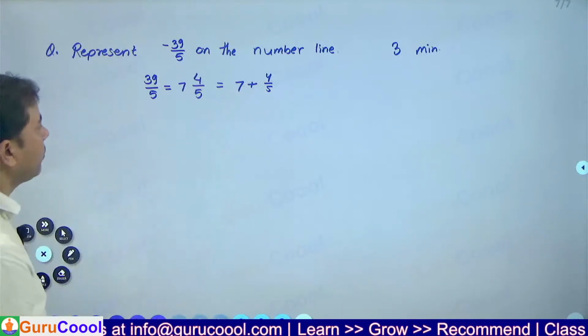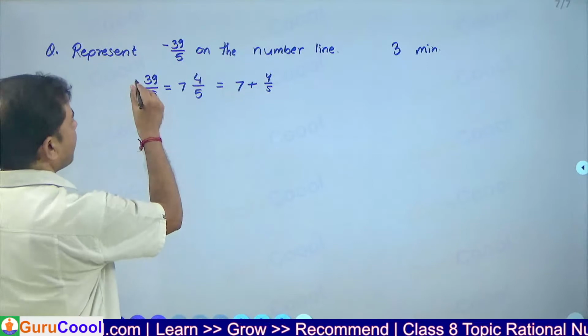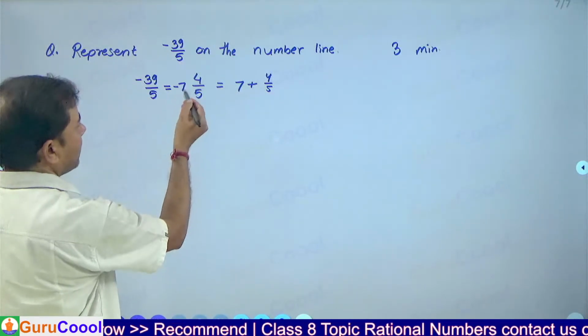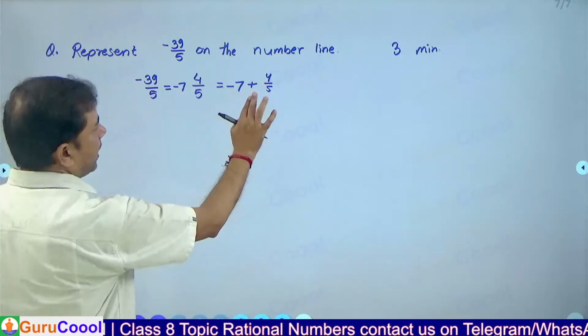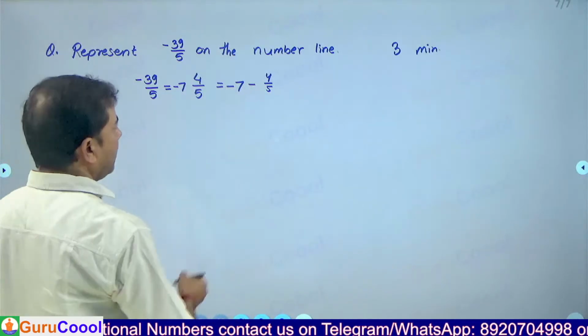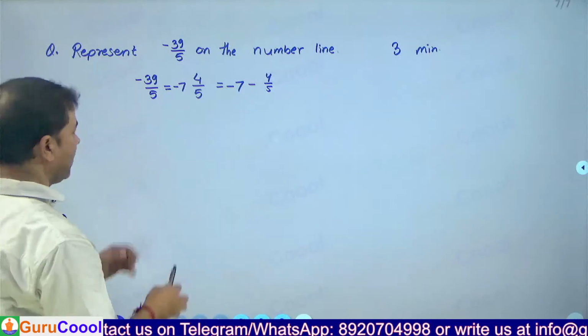This is the idea for the positive one, but we have a negative one. So what to do? Negative 39 by 5 means negative 7 and 4 by 5. That means negative 7 and negative 4 by 5. Negative 7 means we have to travel 7 units on the left side of 0.